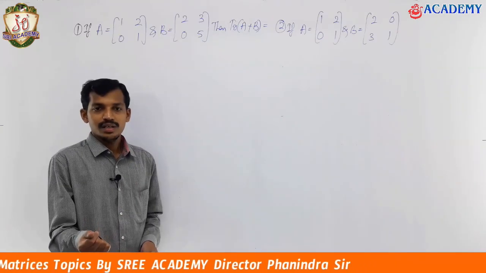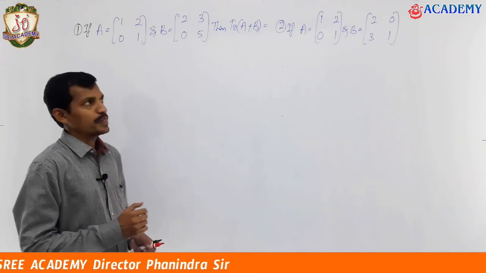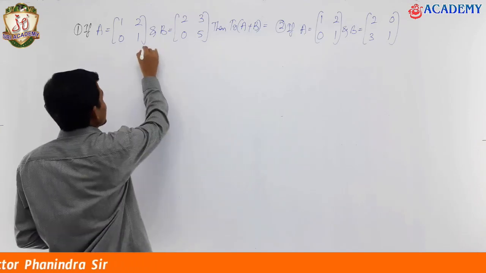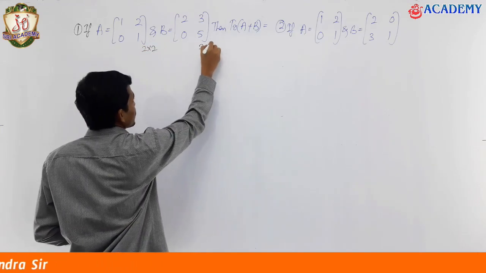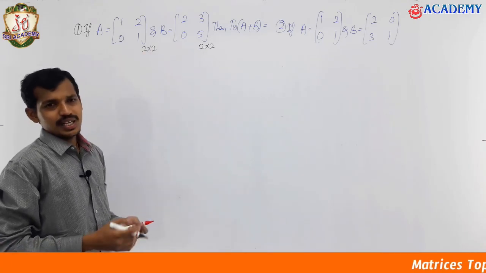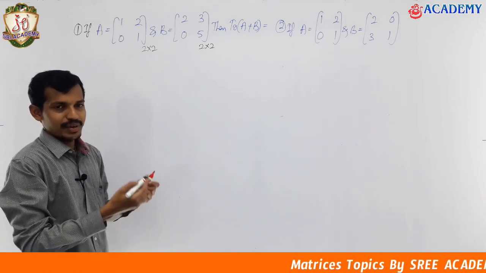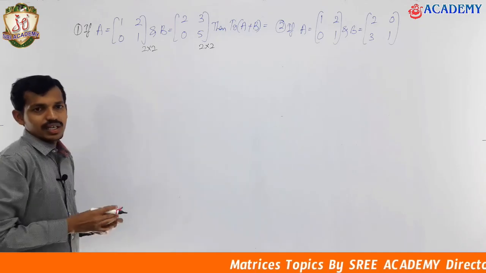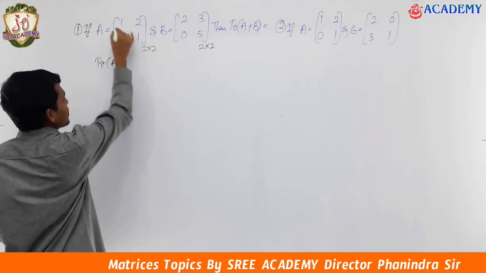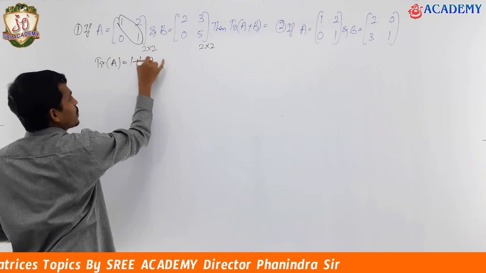In this problem you are asked the trace of A plus B. Given A and B, A is a 2 by 2 matrix and B is also a 2 by 2 matrix. After finding A plus B you get one matrix, and that matrix's trace is your answer. But we can write directly the trace of A. Simply adding these two elements, 1 plus 1 is 2.